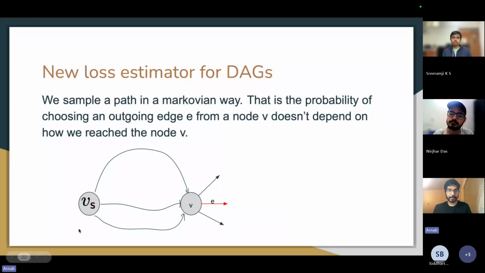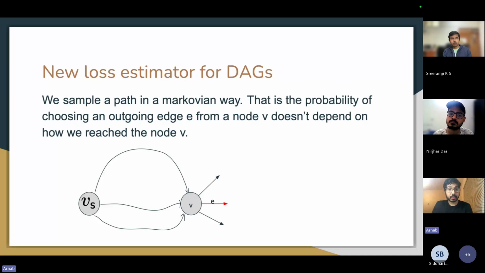You can reach it in multiple ways, but the moment you reach v, you forget how you reached it and just choose the next edge e independently. Typically, if you have computed a flow, then you choose it proportionally to the flow. That's the sampling process, the Markovian way of sampling an integral path.